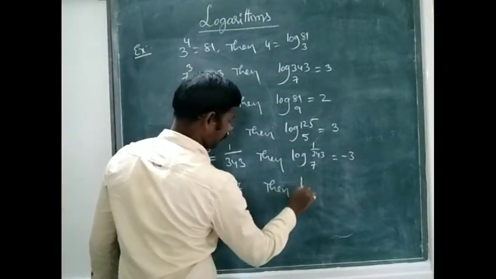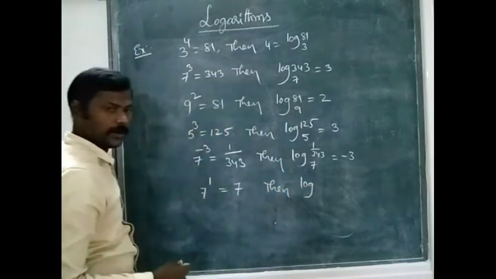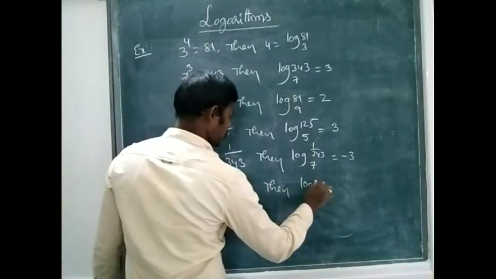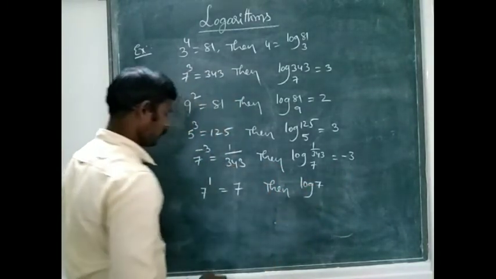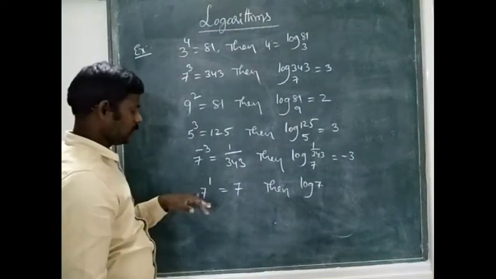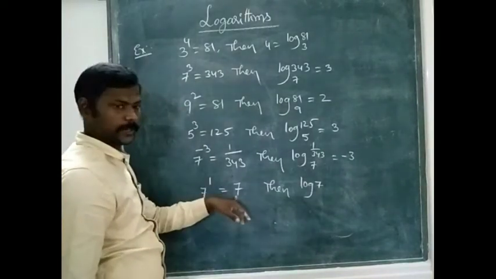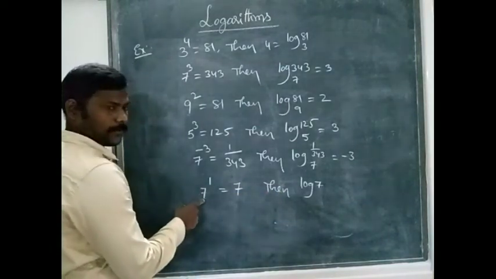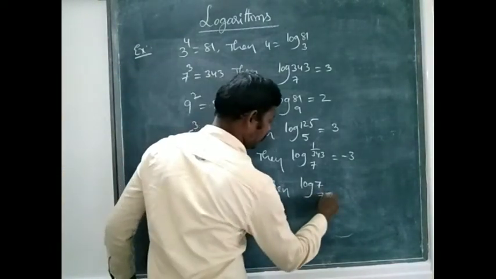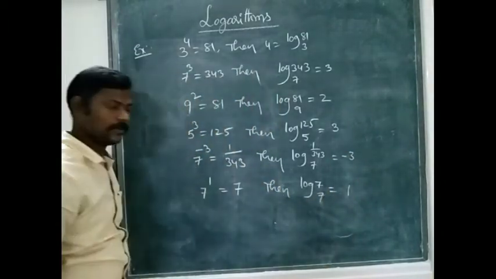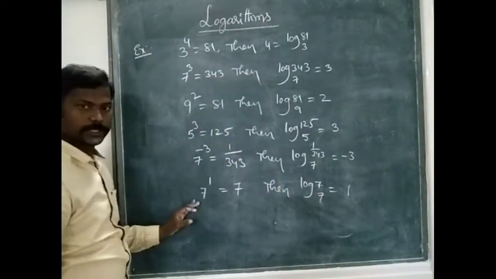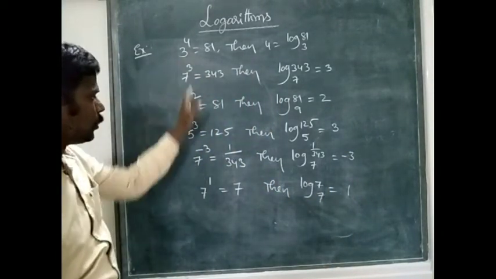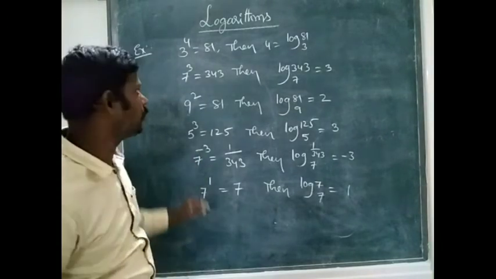Then log of 7. See, children, here 7 to the power 1 equals 7, you can know. Logarithm of 7 under base 7 is equal to what? 1. Okay, children. So from all these examples, what are you observing? Once again look at the board.